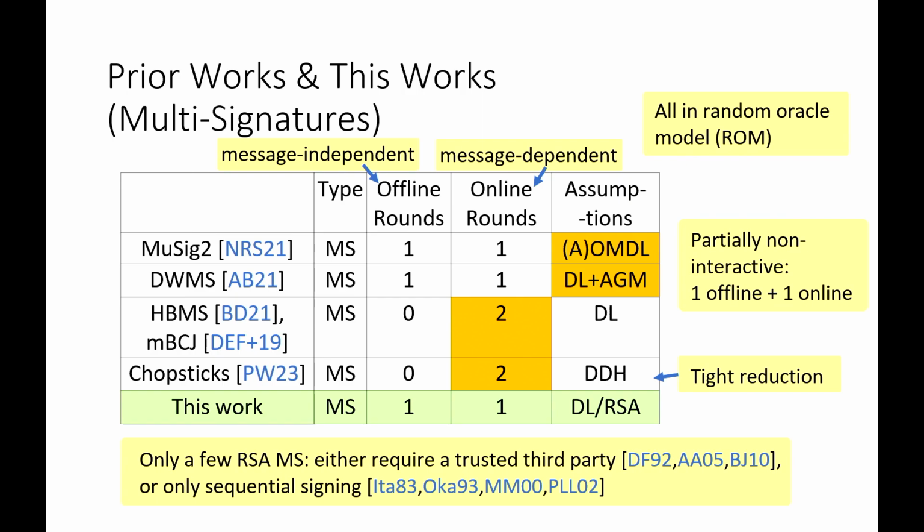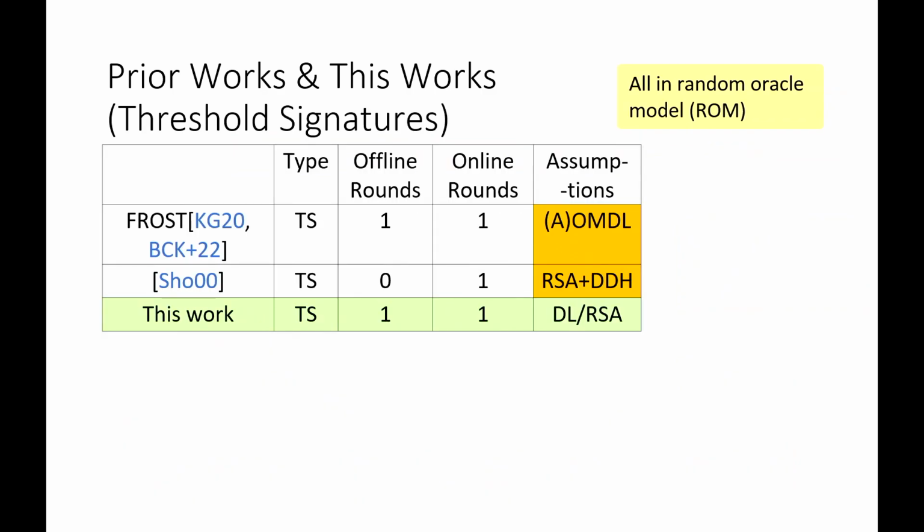It's also worth mentioning that there are RSA-based multi-signatures, but they either require a trusted third party to generate keys, or they only support sequential signing, which is undesirable for practical use. For threshold signatures, the only existing non-interactive, provably secure, group-based scheme is FROST, which needs the algebraic one-more D-log assumption.